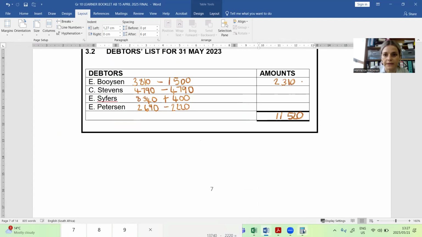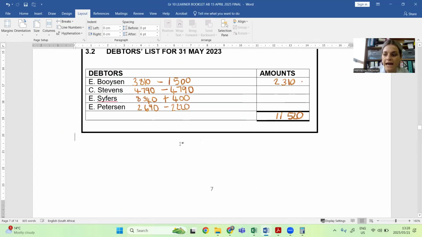There we go. And then we wrote off the bad debts of Stephen. So he owes us nothing. We added on the 400 Rand of the invoice that we missed for Safefish. And then we had to deduct 2,220 from the account of Peterson.